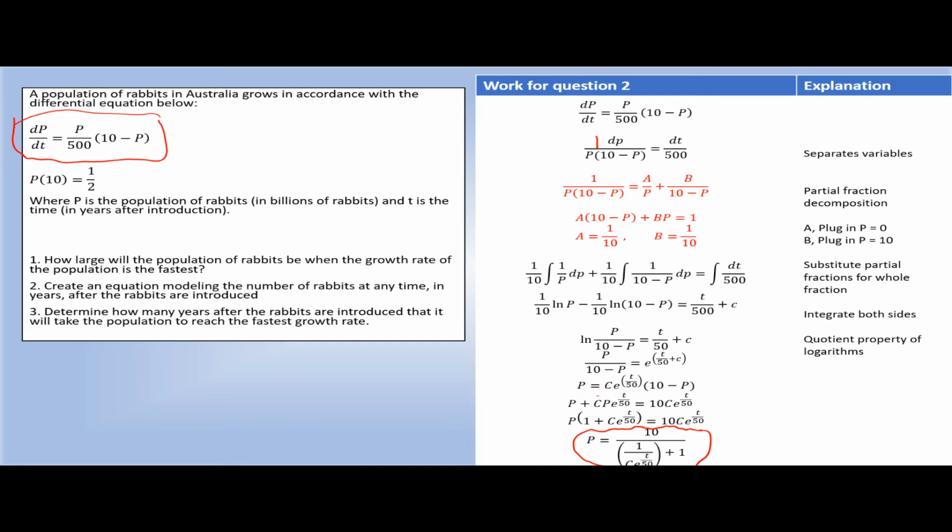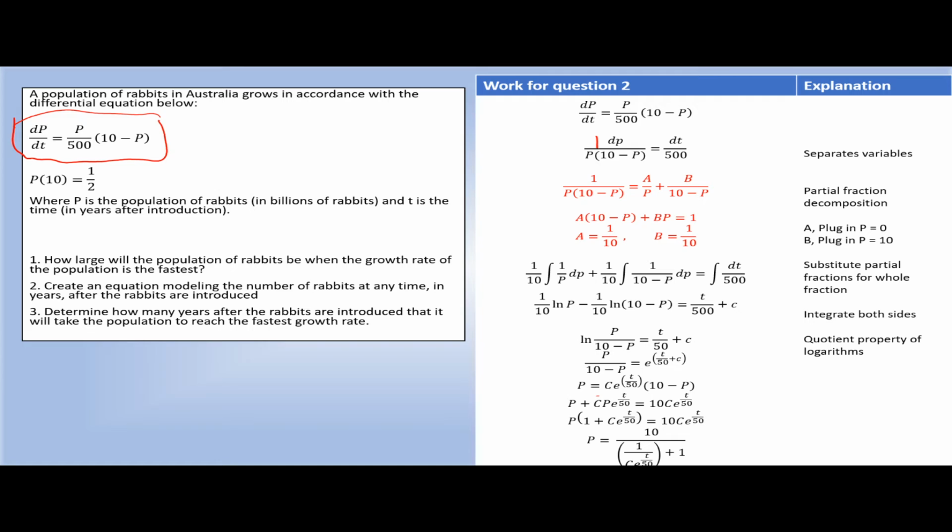Okay, Kyle. For when we integrate both sides, we get ln p and ln 10 minus p, they subtract, since it's logarithm they divide. But is the 1/10 already distributed to the other side, to t over 500?